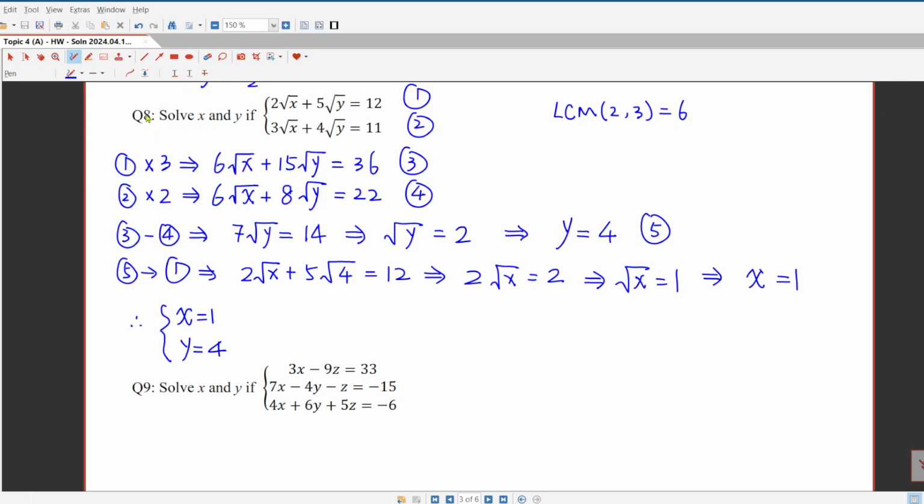So the takeaway of number 8 is sometimes, although we don't have a system of two linear equations, the substitution method or the elimination method can also work to solve a system like this, because once you eliminate one of the variables, it's very easy to solve a variable from one equation, right?